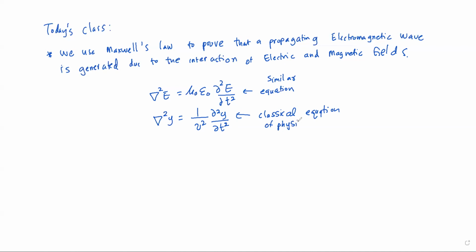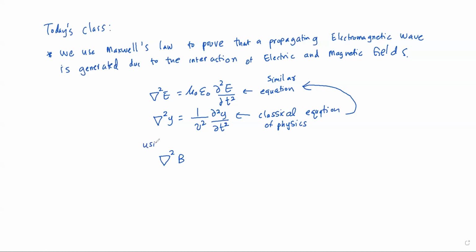The same type of equation is available for the electric field, which we derived using Maxwell's laws in the last class. We can derive the same type of equation for the magnetic field also.